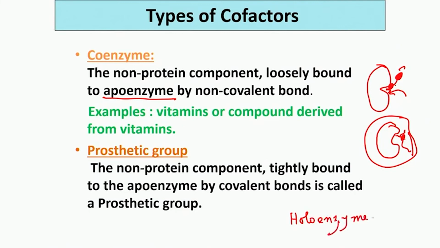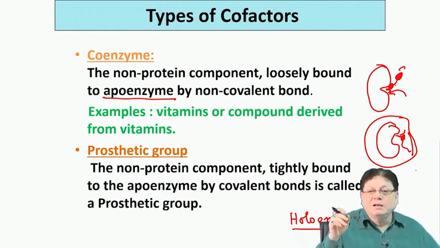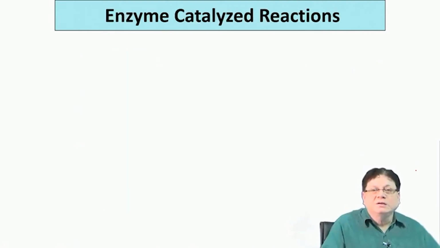Okay. And the other thing is that if the cofactor is organic, then that is also called a coenzyme, but cofactors also include metal ions, because sometimes metal ions can also be very critical for some enzymes to show their activity.